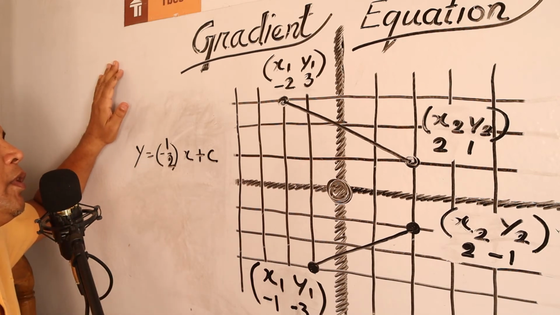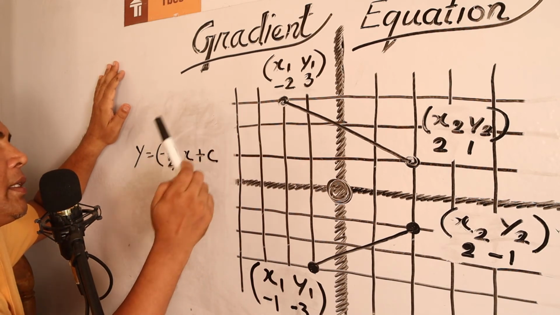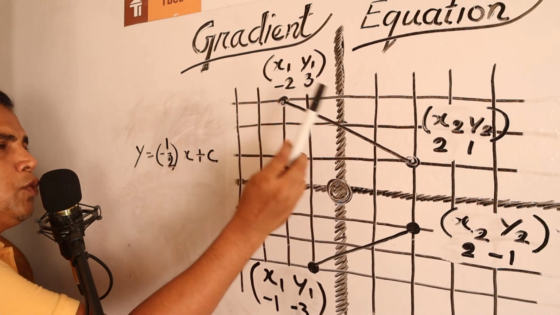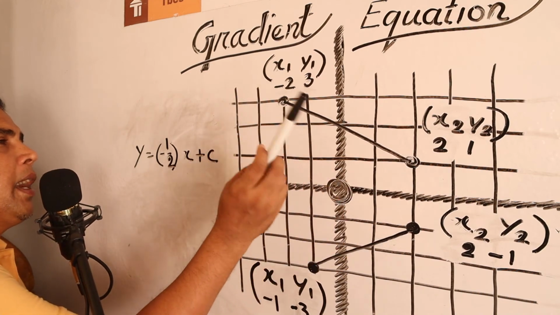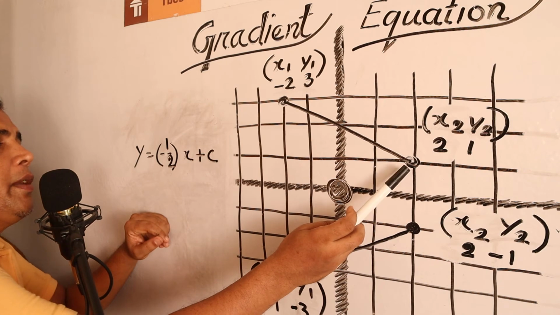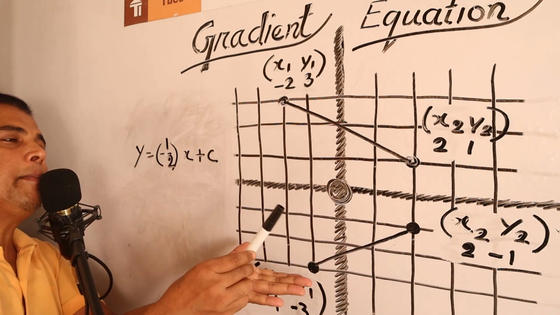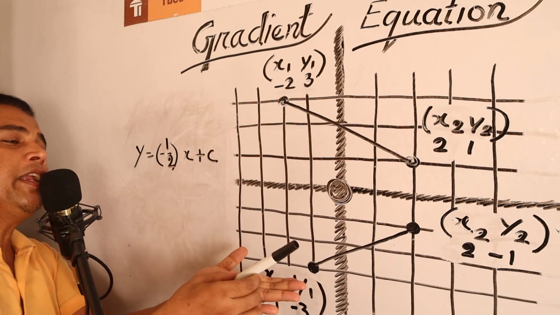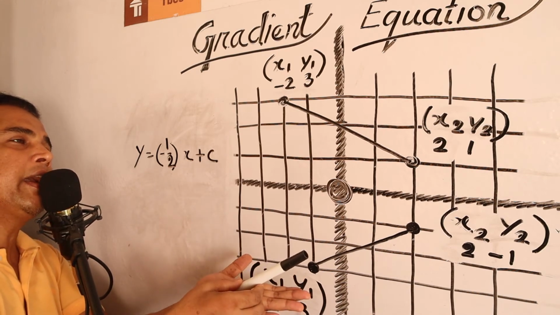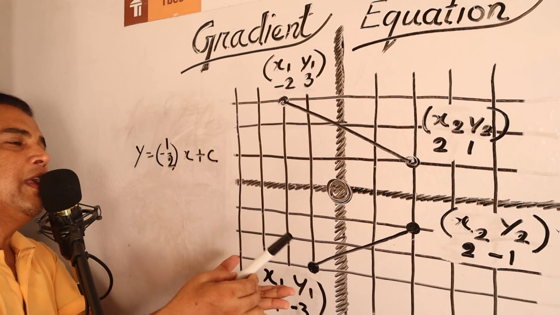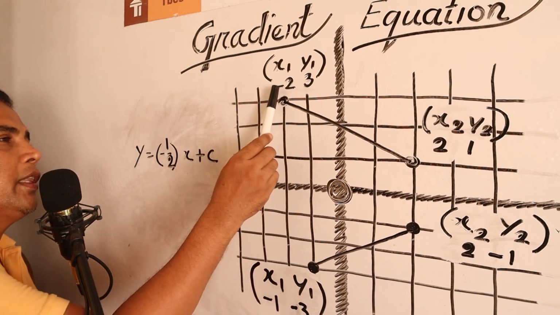Now we want to complete the equation. Now we have to put the values of x and y. In these two points, which value will we apply? This is the starting point and this is the up point. The up point determines how steep the gradient will be or not. That's why we have to take this value.